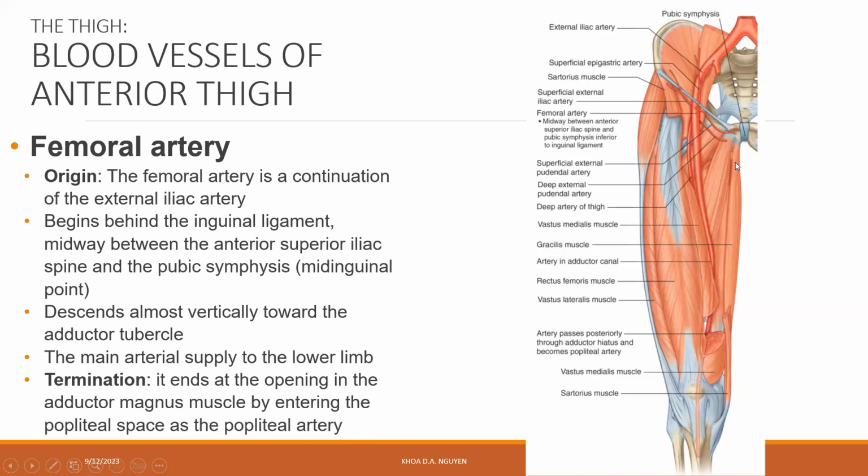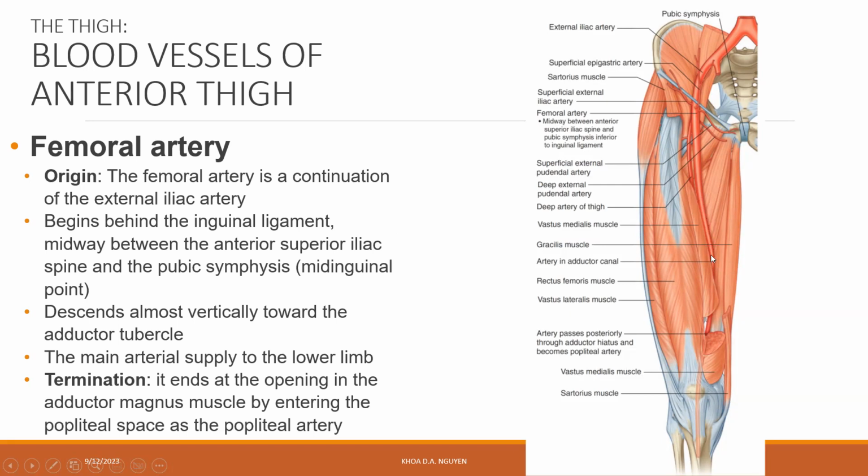All right. Now, as the femoral artery descends down to this, it is going to travel in what is known over here as the femoral triangle, and it will travel in the femoral triangle with the femoral vein and the femoral nerve, as well as some lymphatics. So now it's going to run down here, and when it gets out of the femoral triangle over here, it will run in the adductor canal.